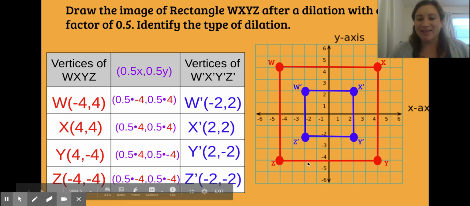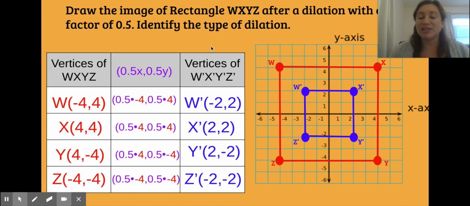And now we identify the type of dilation.